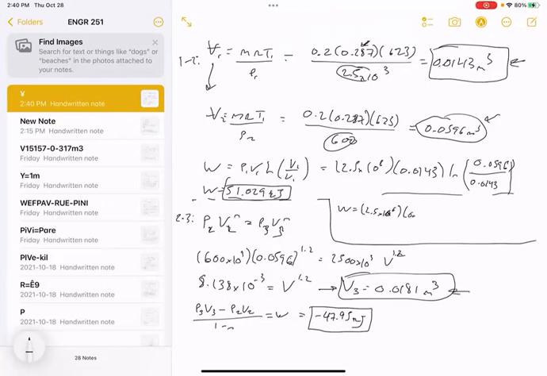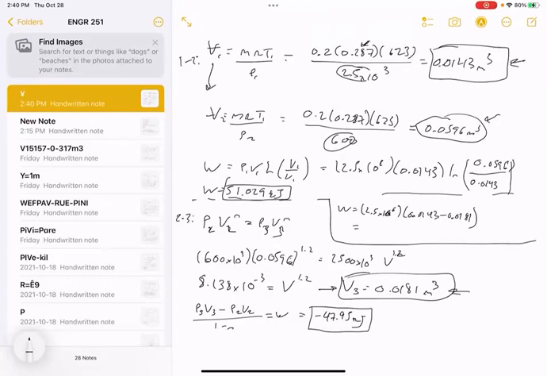So 0.0143 minus 0.0181. And if we do the math here, that should give us 2.5 times 10 to the 6, times 0.0143 minus 0.0181.